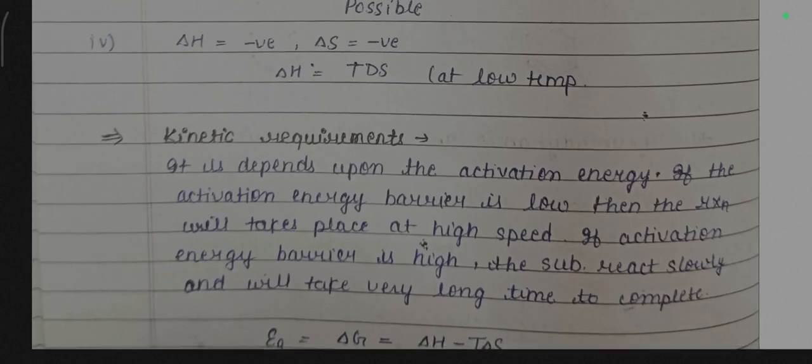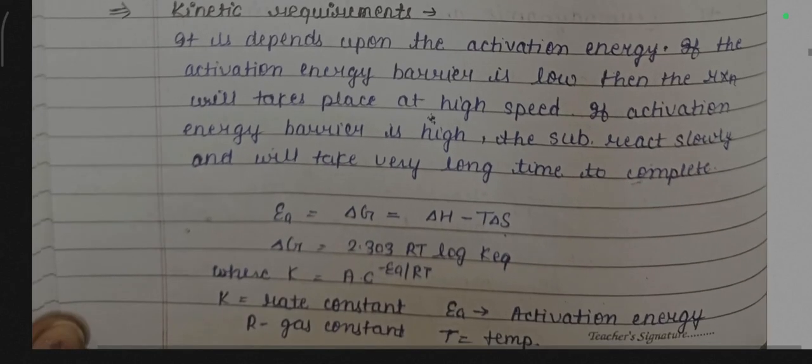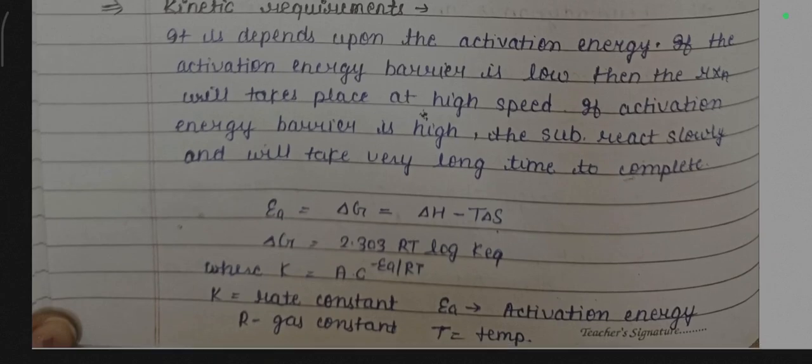Kinetic requirements. It depends upon the activation energy. If the activation energy barrier is low, then the reaction will take place at high speed. If the activation energy barrier is high, the substrate reacts slowly and will take a very long time to complete.